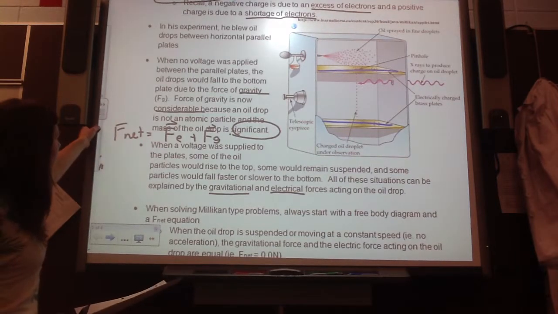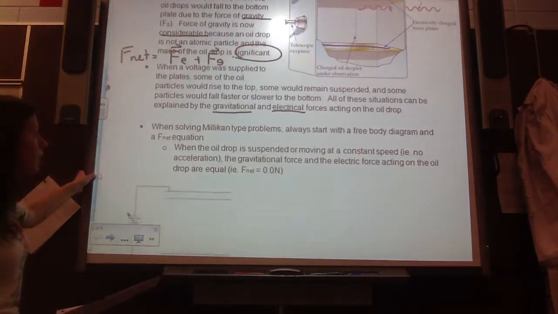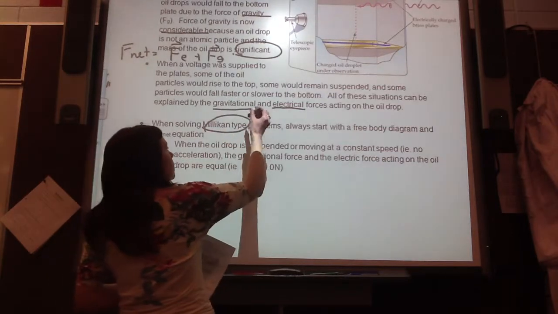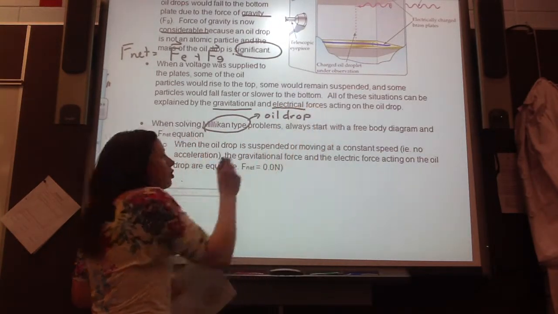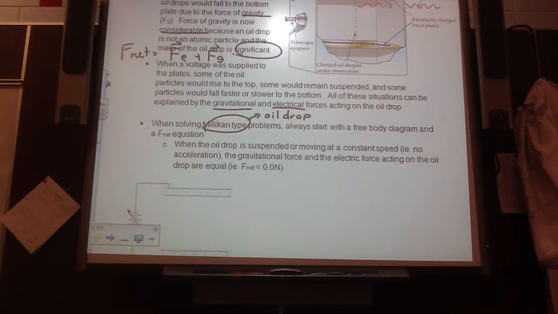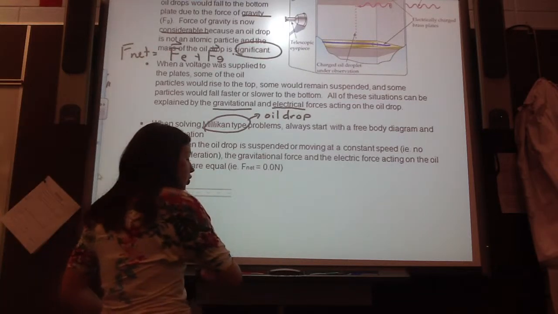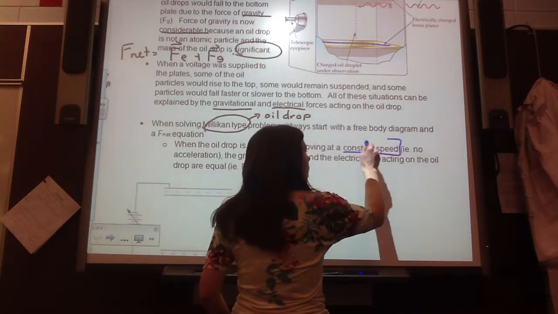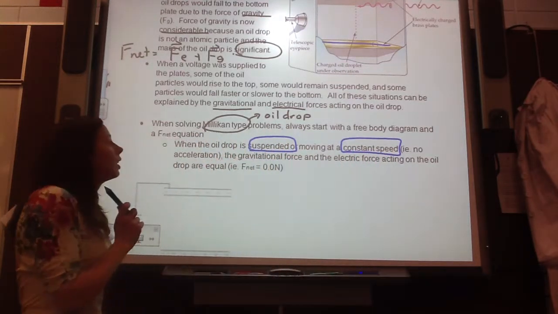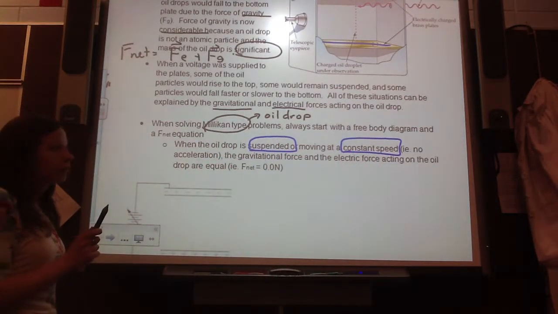So when we are solving these Millikan type problems, and Millikan type means oil drop, when you see an oil drop worded question, always start with a free body diagram and an Fnet equation. When the oil drop is suspended, this is so important, suspended or moving at a constant speed, there's no acceleration.